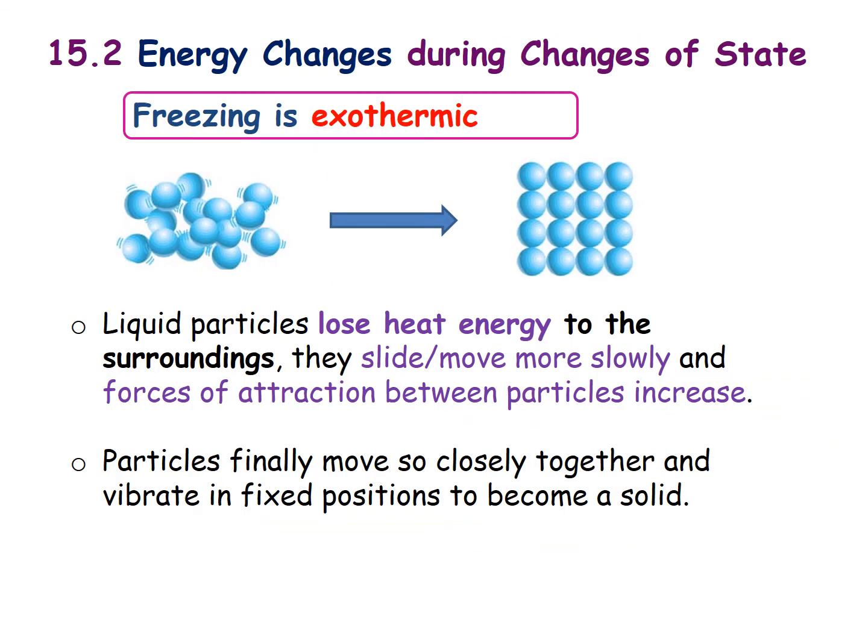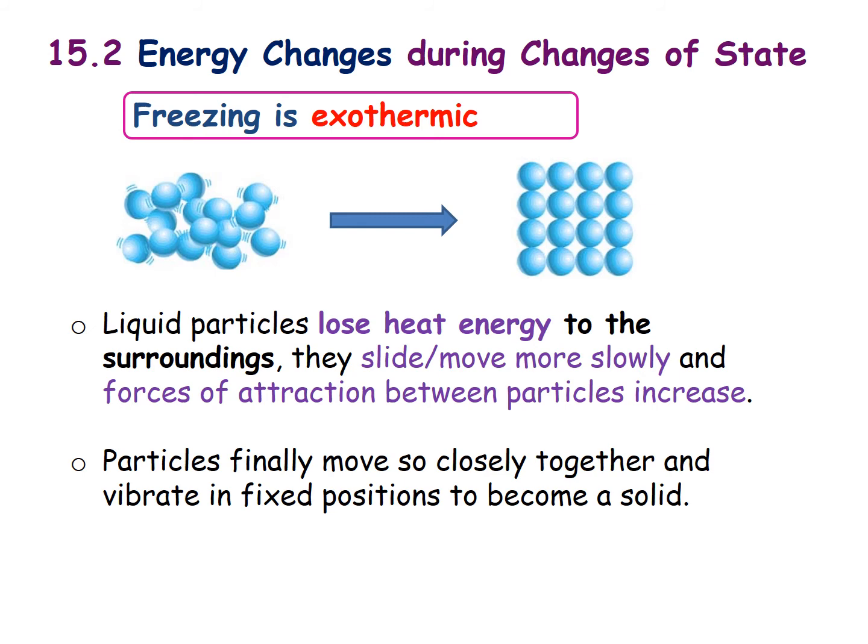Changes of state are not chemical reactions, but still involve energy changes. Freezing, for example, is exothermic. Example, when water changes to ice. We can use the kinetic particle theory to explain this. Liquid particles have higher energy than solid particles.